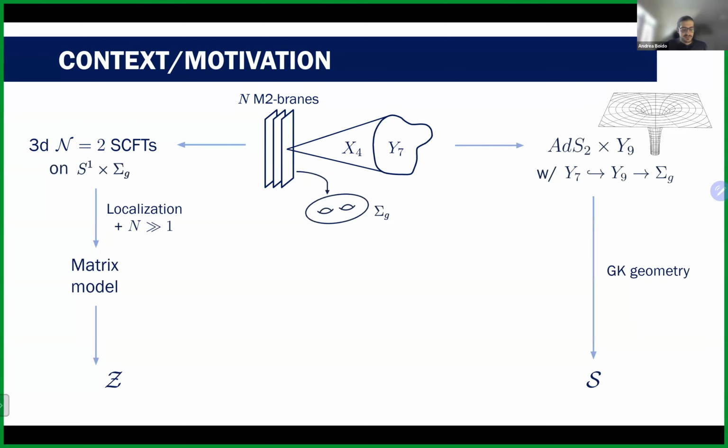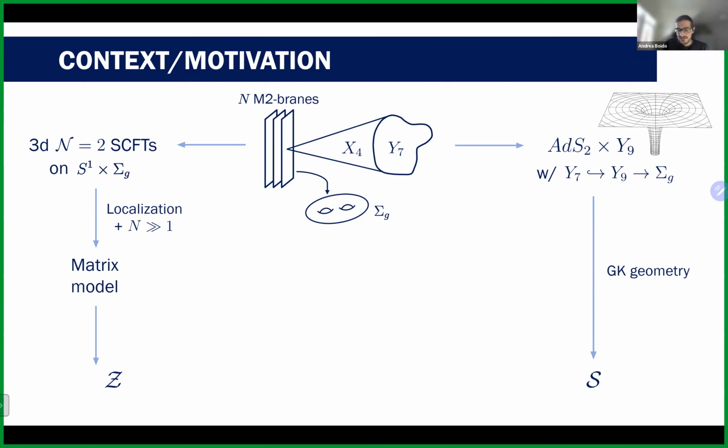Okay, as I was telling you, in field theory you can perform localization to compute the partition function, and then you can also take the large N limit, which is what we want to do because we are doing an SCFT. The resulting thing you have is a matrix model, and from that you can extract this partition function Z. On the other hand, in geometry, there are many ways to compute the entropy of these black holes, but I have in mind this formalism of GK geometry, which you don't really need to know precisely what it is, but I will tell a few words about it later on.